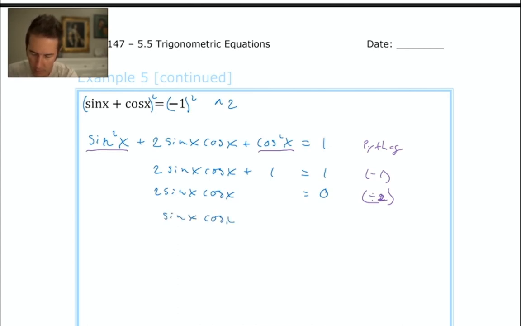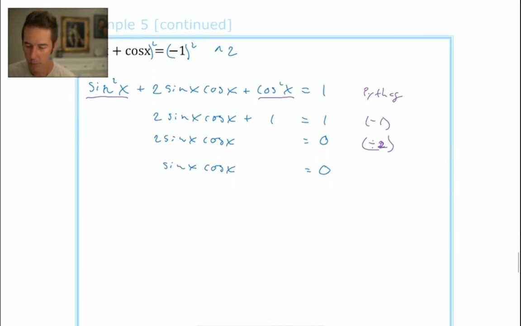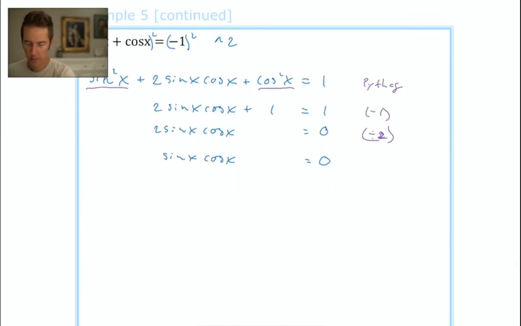Sine x cosine x equals 0. When you have a product of two things and the result is equal to 0, that's the zero product property. The only way to make that happen is if the first thing is equal to 0 or the second thing is equal to 0.